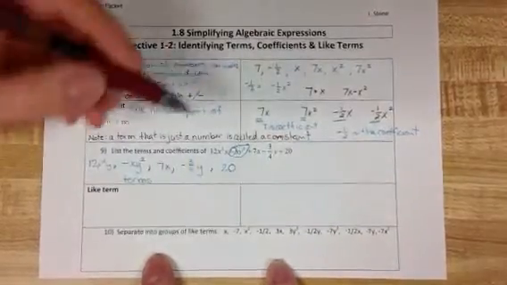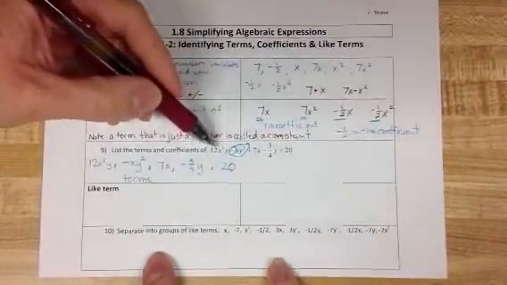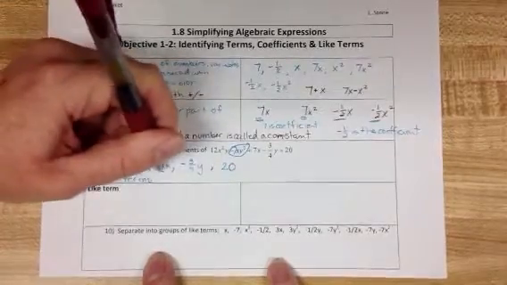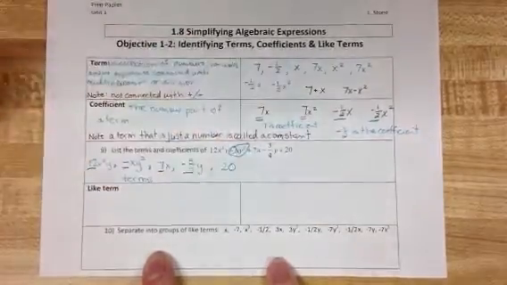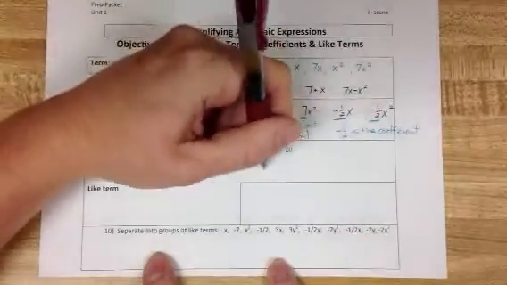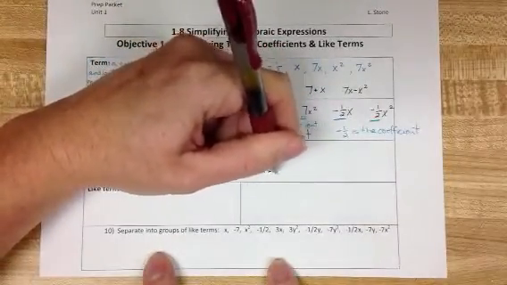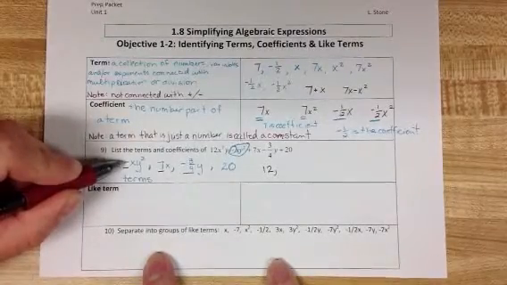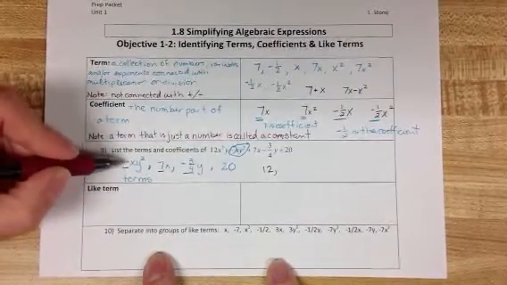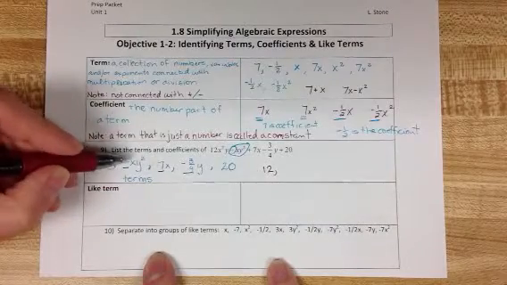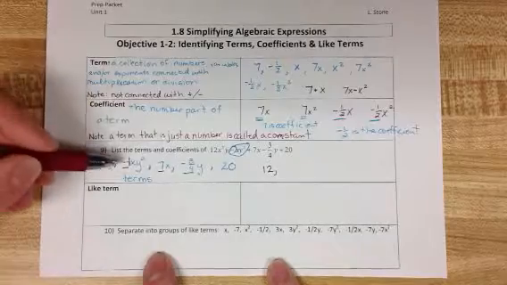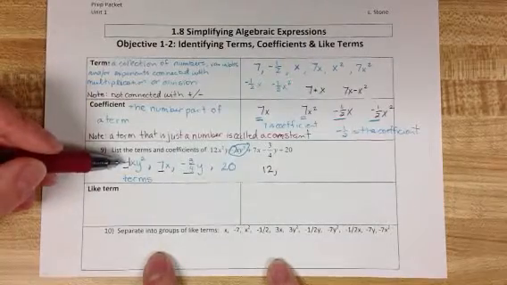The coefficients are just the number parts of each one of these terms. So the number part of each of these terms, we have a coefficient of 12. Here, if you think back to the previous set of properties, when we had a negative that got distributed, I told you you could write that as a negative 1. You can also do that if you think of the multiplicative identity.